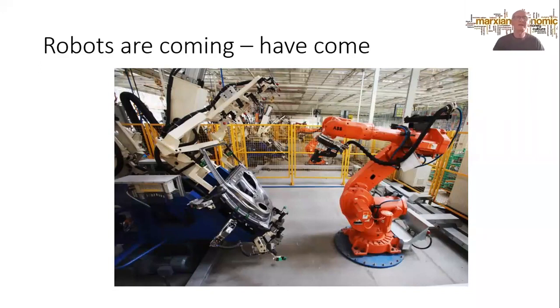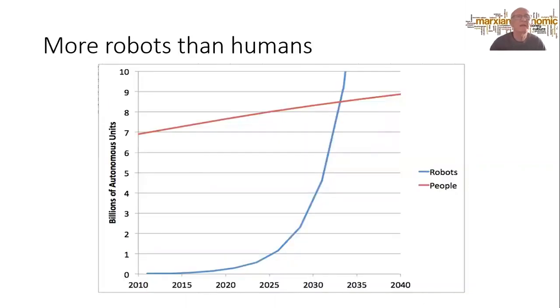By robots, we mean a machine that doesn't require a human being to touch it to operate it. It operates itself, and it increasingly learns how to do things better through what is called machine learning.